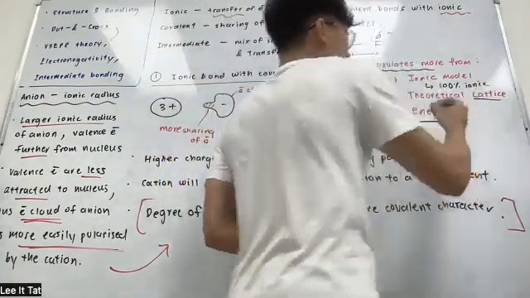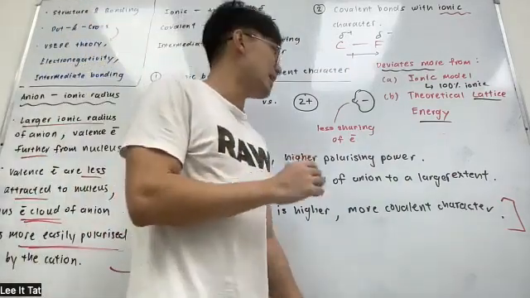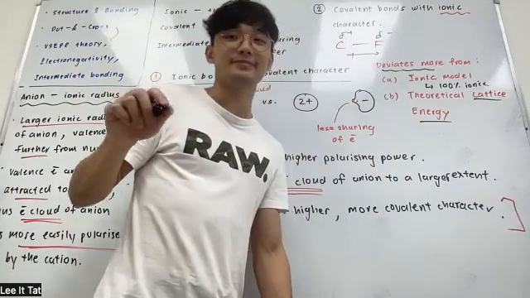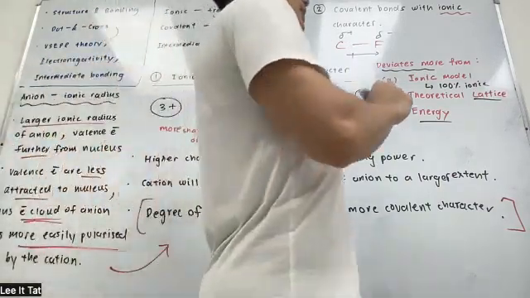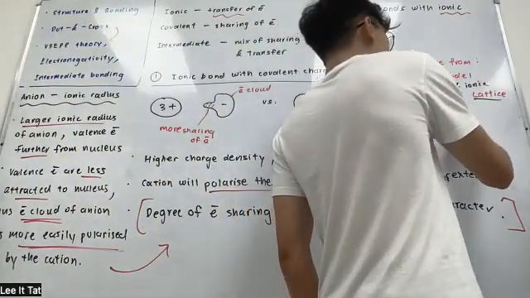Guys, can you remember what lattice energy is? Lattice energy measures what bond strength? Metallic, ionic? Okay, so remember this: lattice energy measures ionic bond strength.